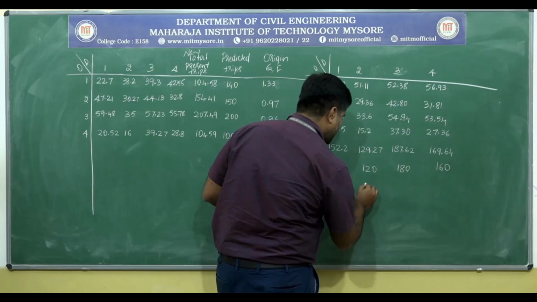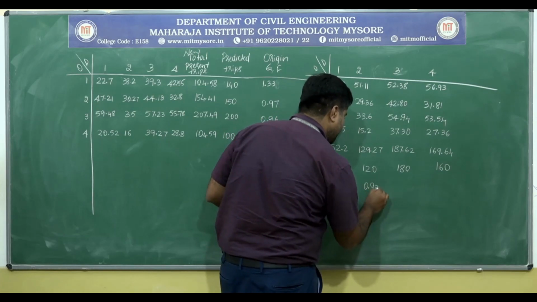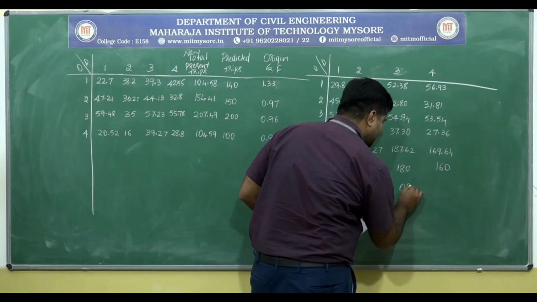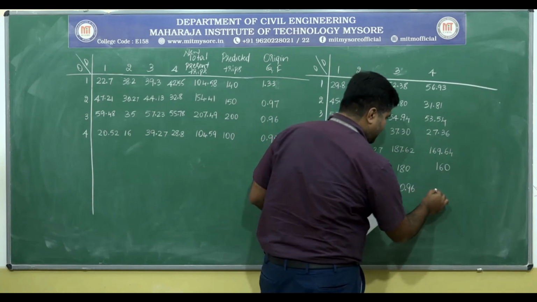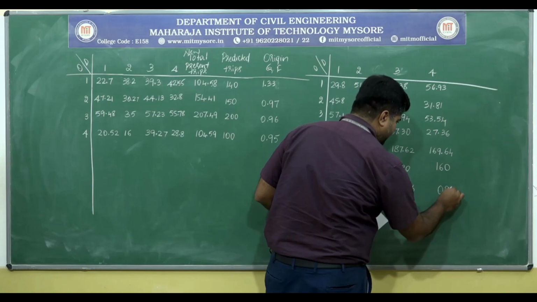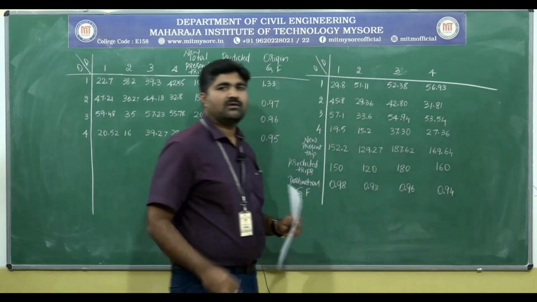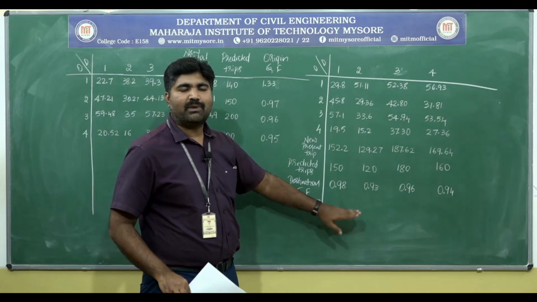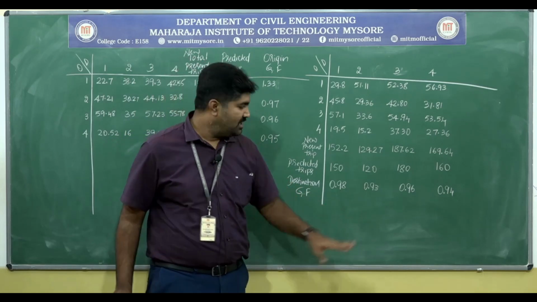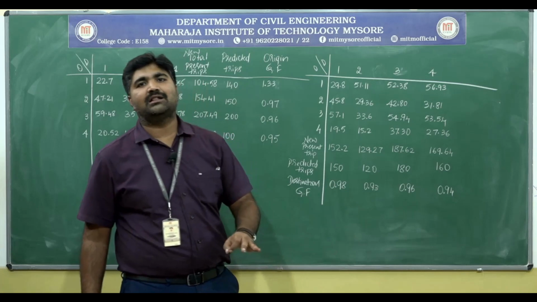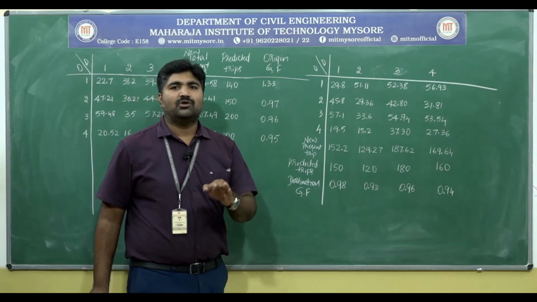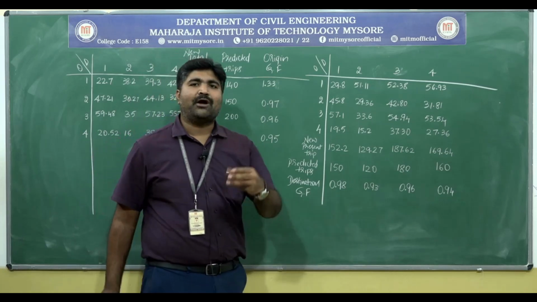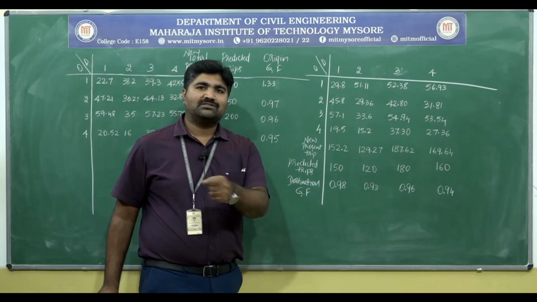We will get the new growth factor, that is 0.98, 0.93, 0.96, and lastly 0.94. Now you can observe the growth factors are very near to unity, but we should continue the iteration until the growth factor is equal to unity or 1, plus or minus 1%, meaning 0.99 or 1.01.